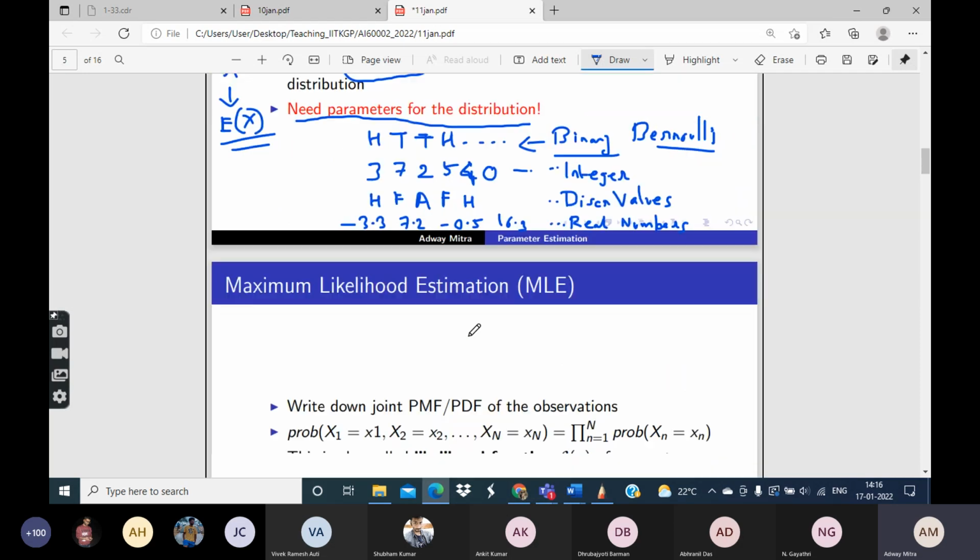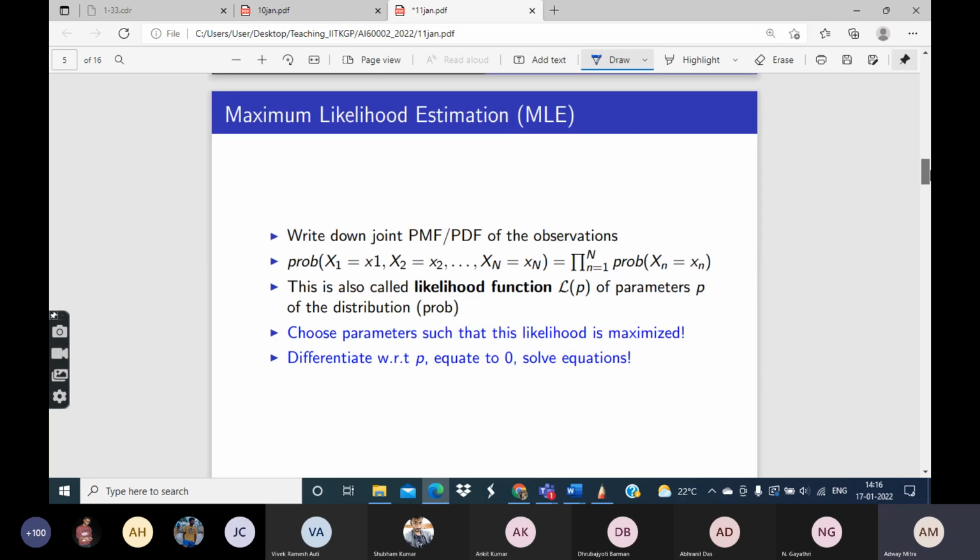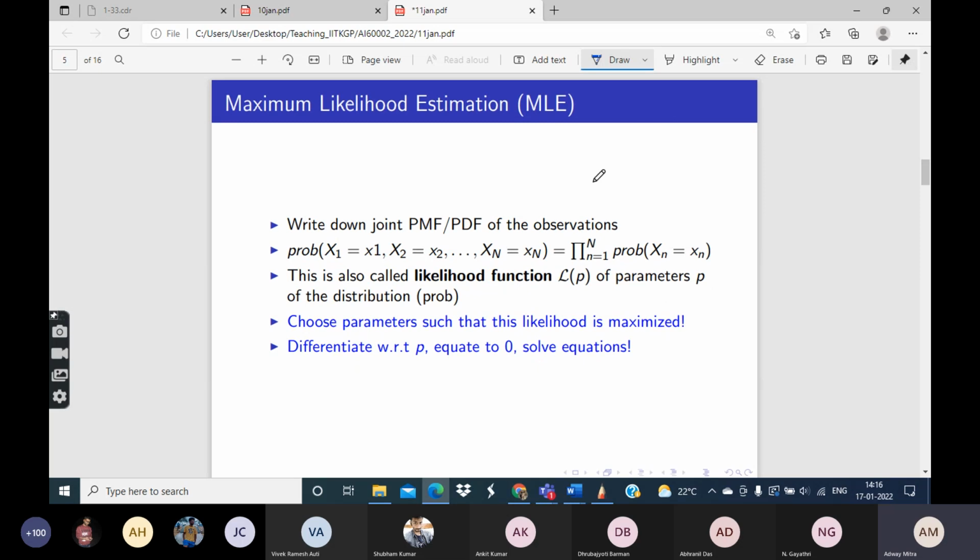Now how to answer this question, that also we saw in the last class. If you remember, we saw maximum likelihood estimate. The approach of it is as follows. We write down the joint PMF or the PDF of the observations. So far we have not come across PDF, so let us say only PMF. We write down the joint probability mass function of all the observations.